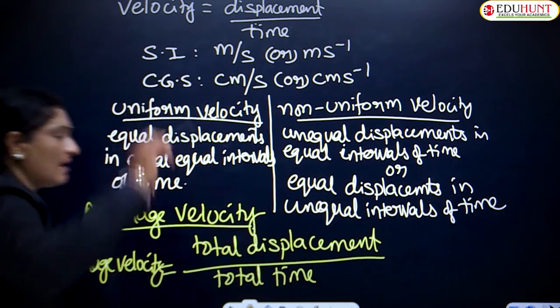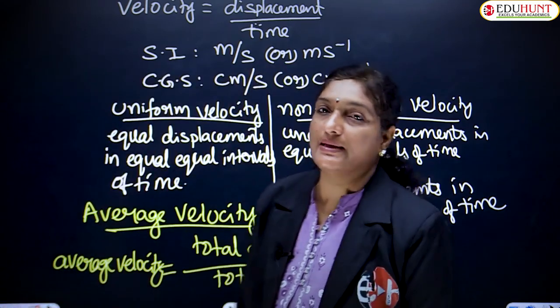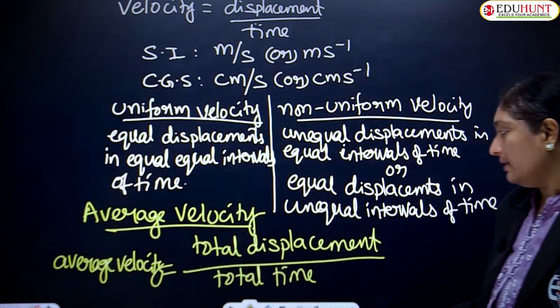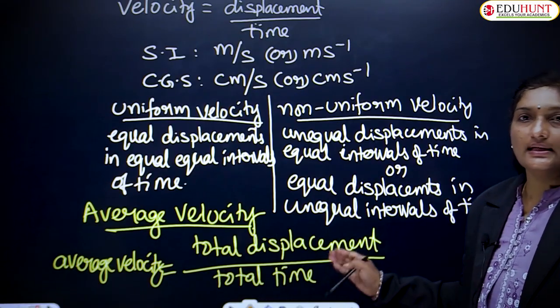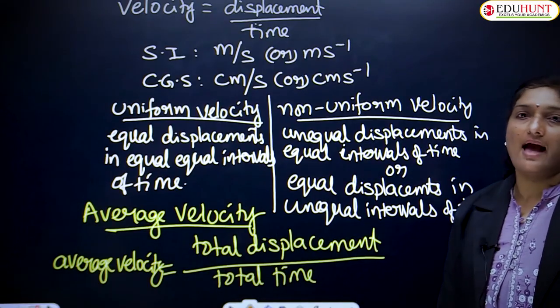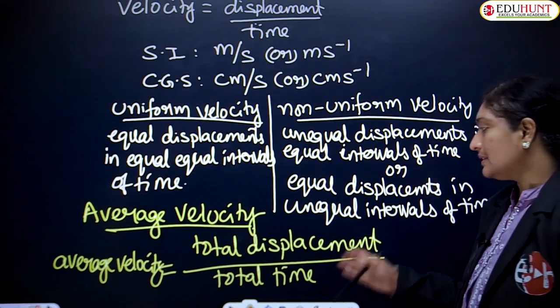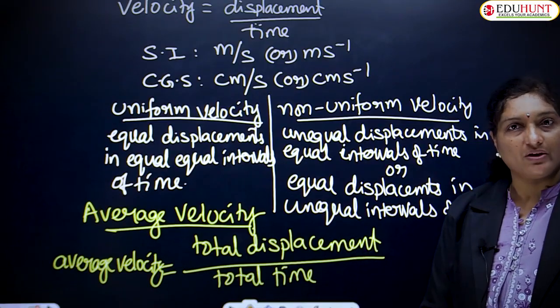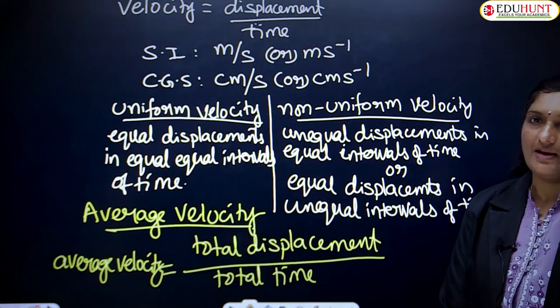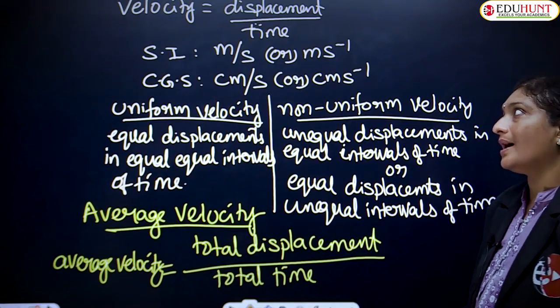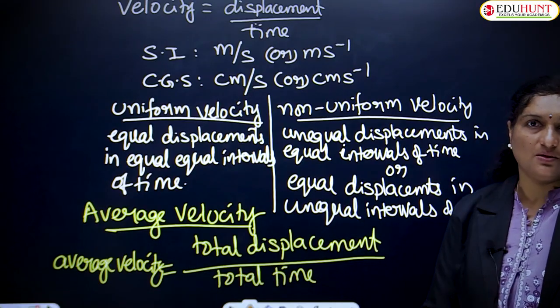Okay children, so what is average velocity? The total displacement covered by a body to that of total time is called average velocity. In this case, the body may be moving with non-uniform velocity. So, children, I hope you understood the concept of velocity well.